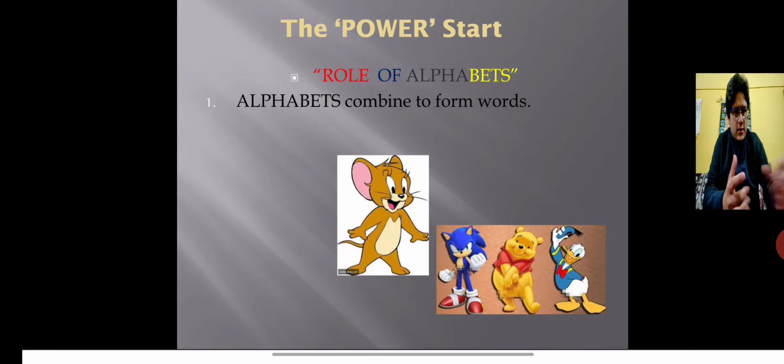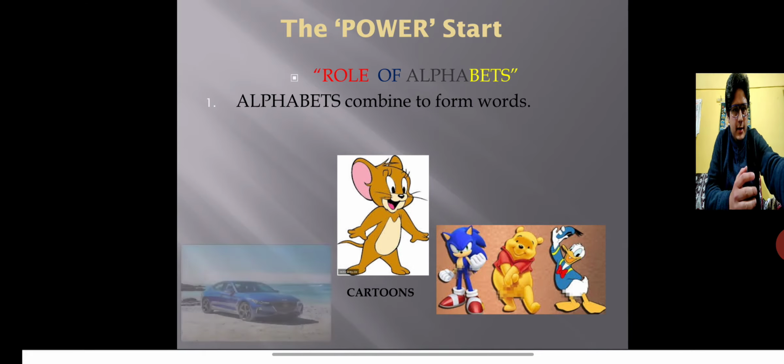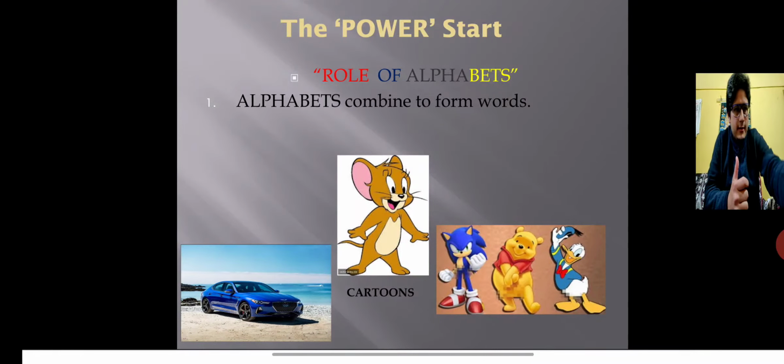Now, children, these are all toons. I guess many of you would know that cartoons can also be abbreviated as toons, and the abbreviation is a word in itself. All right. Next up, we've got a car. What color is it? It is blue in color.